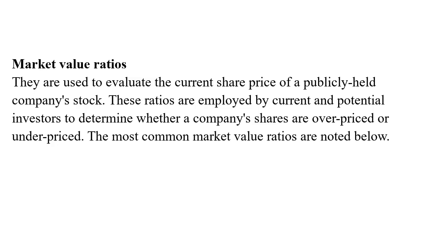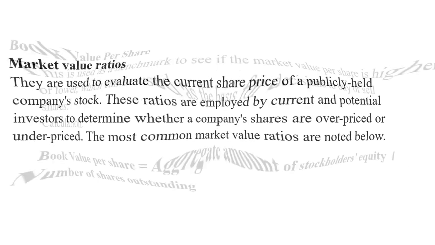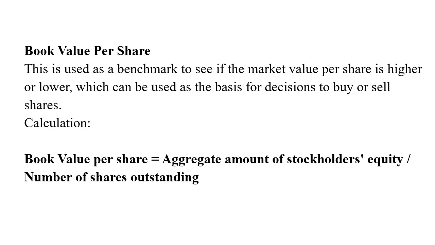The most common market value ratios are noted below. 1. Book value per share. This is used as a benchmark to see if the market value per share is higher or lower, which can be used as the basis for a decision to buy or sell shares.